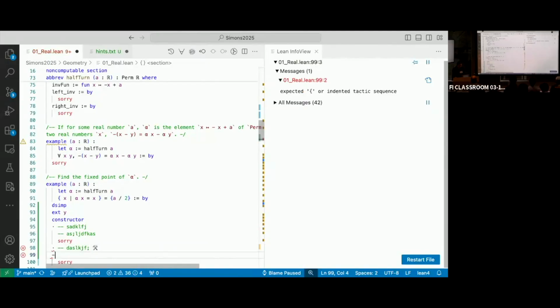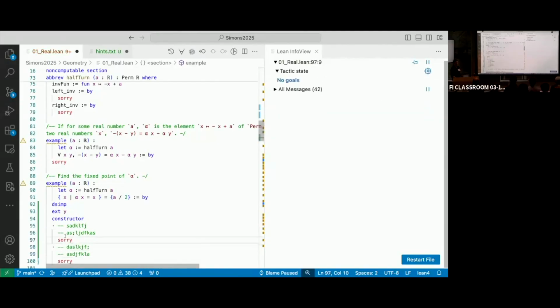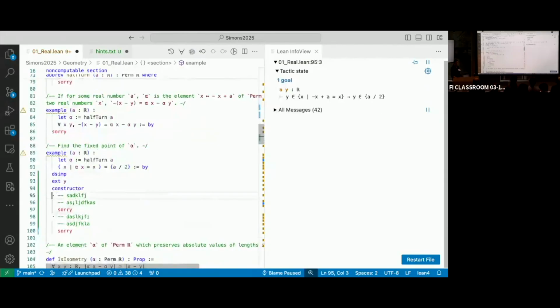And the reason people like to do this, well, there's a couple of reasons. One is that it becomes visually clear. Construct your set in 2 directions. Here's where the first direction proof is. Here's where the second direction proof is. So that's a visual cue to your reader. And secondly, before the dot, you've got 2 things to prove, but inside the dot, you focus on just the first thing.